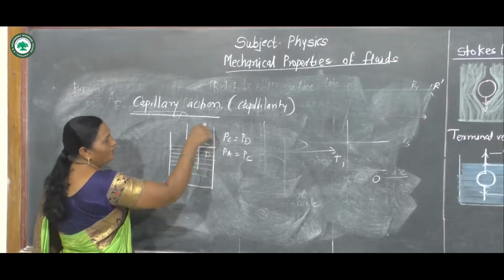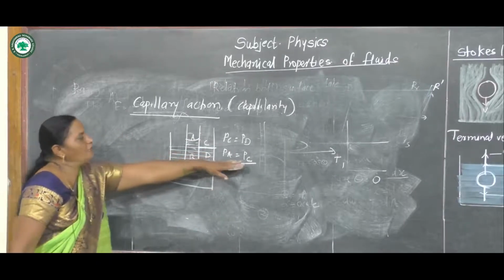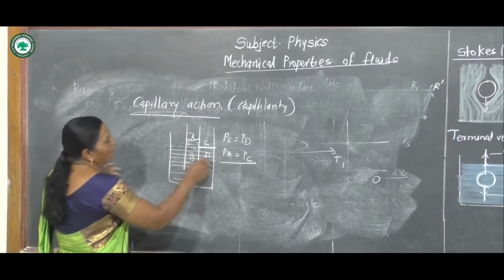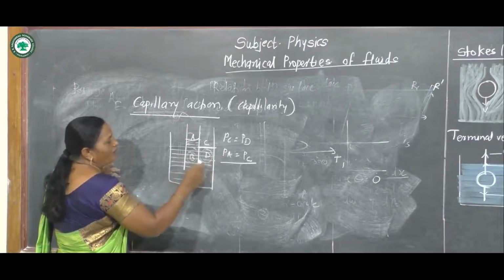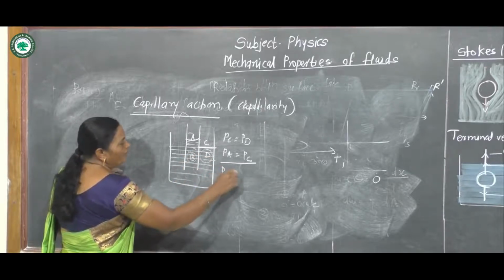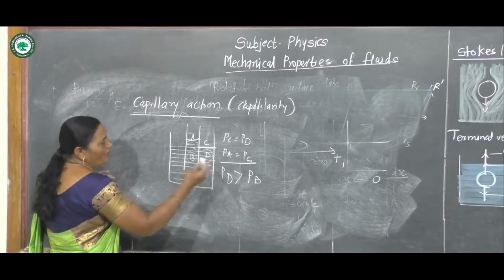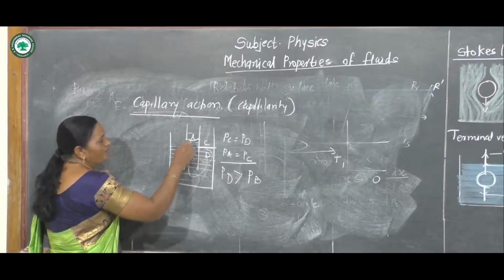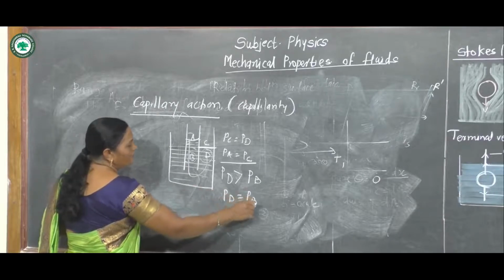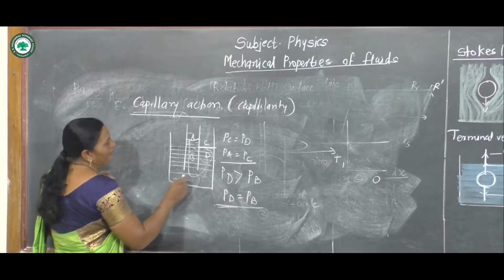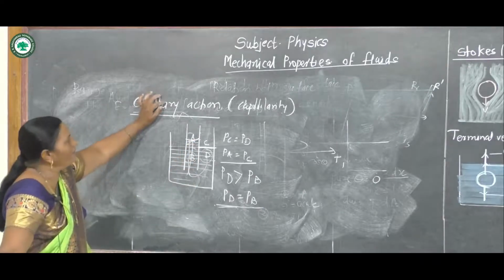But the pressure at point D is greater than the pressure at point B. For equilibrium, the liquid rises inside the capillary until the pressure at point D is equal to the pressure at point B. There is a rise of liquid level inside the capillary, and this action is capillary action.